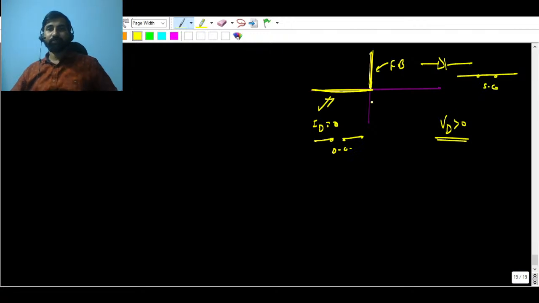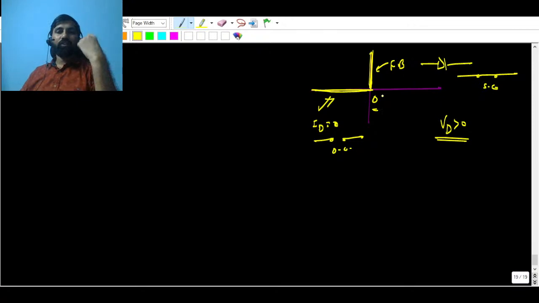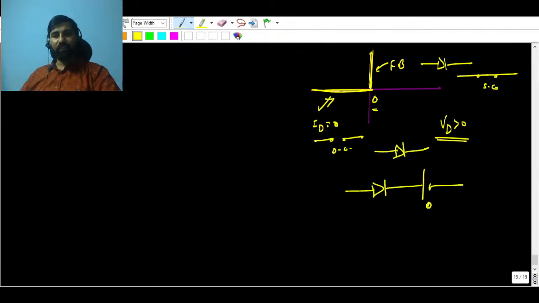Here we have considered that to make the diode conduct, you need only 0 volts, but in the question they have given 0.7. So this is a simple diode plus a 0.7 battery. To make the diode conduct, you need at least 0.7 at the input, so that your diode behaves like a short or open.